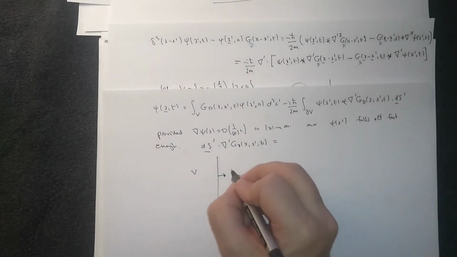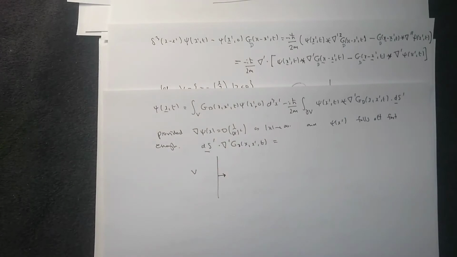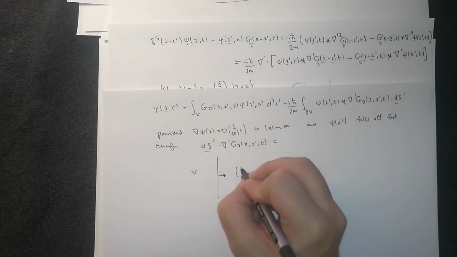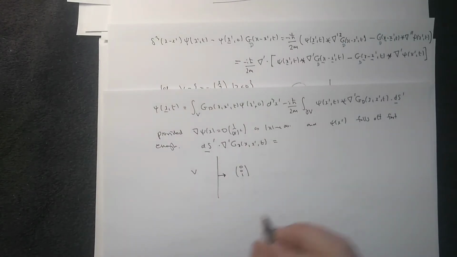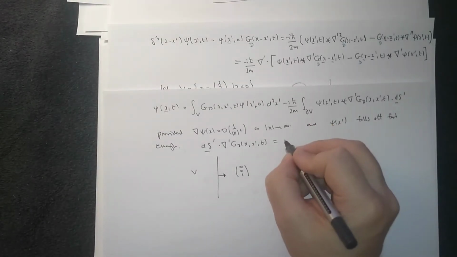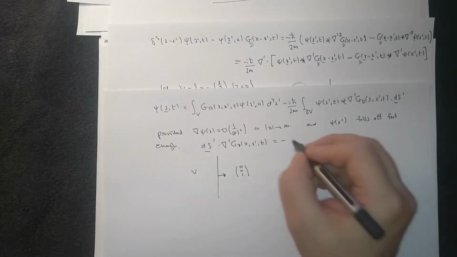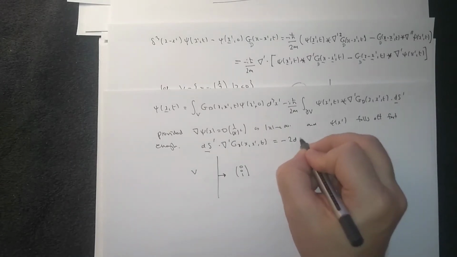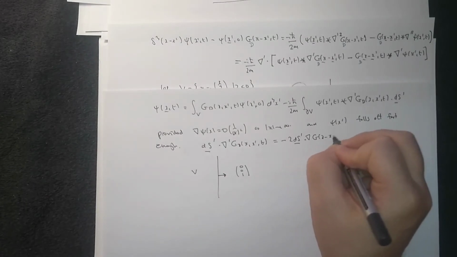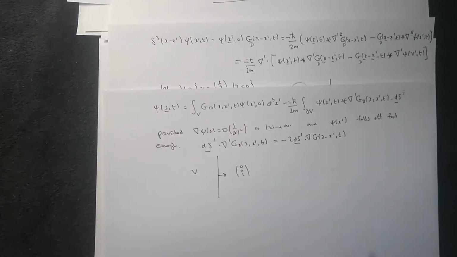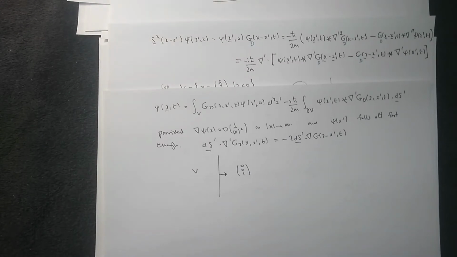So that's the outward pointing normal to the barrier, which will be in the direction 0, 0, 1. So that's minus 2 ds prime dot gradient of g of x minus x prime, t.